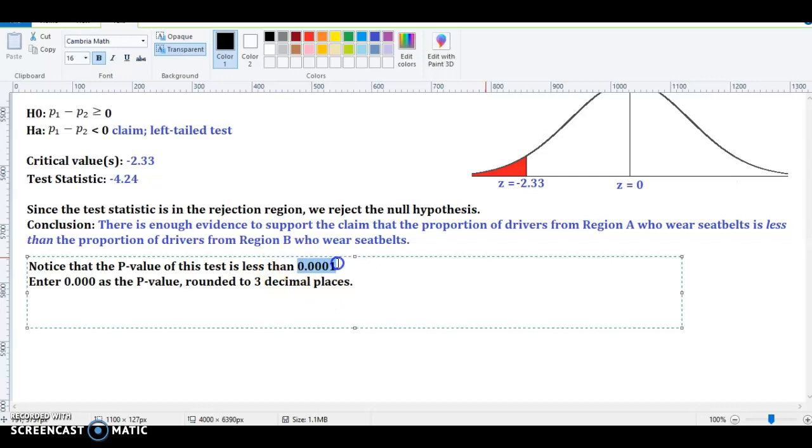If your p-value is extremely small, as it would be in this problem, all it tells you is that it's less than 0.0001. Once again, if it asks you for the p-value rounded to 3 decimal places, you would input 0.000. In reality, the p-value is not equal to 0, but it's some really small number slightly above 0.